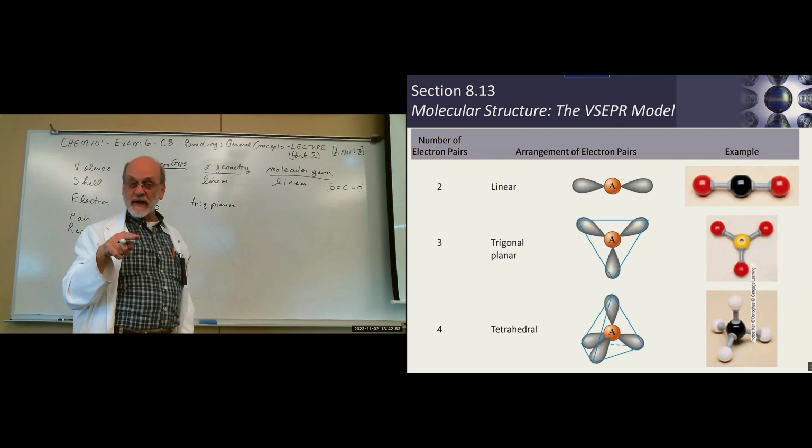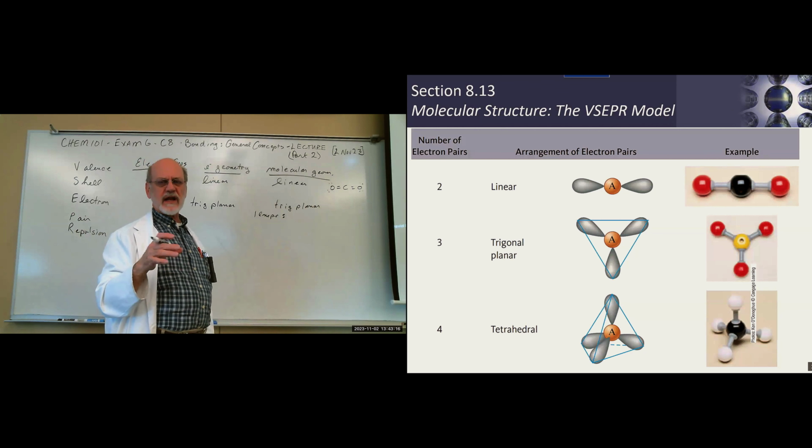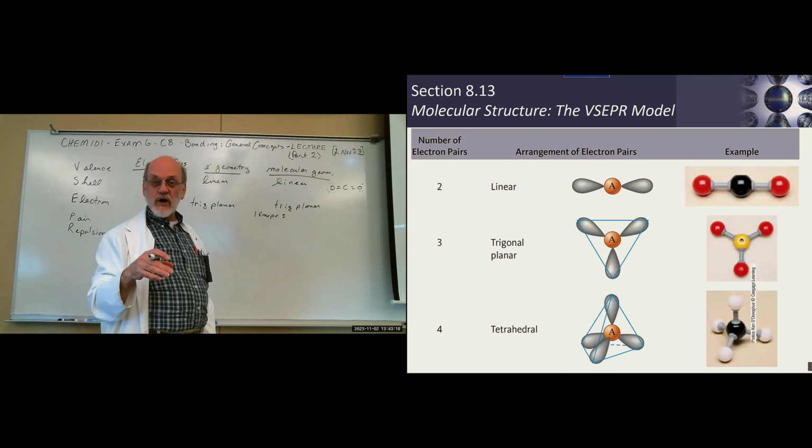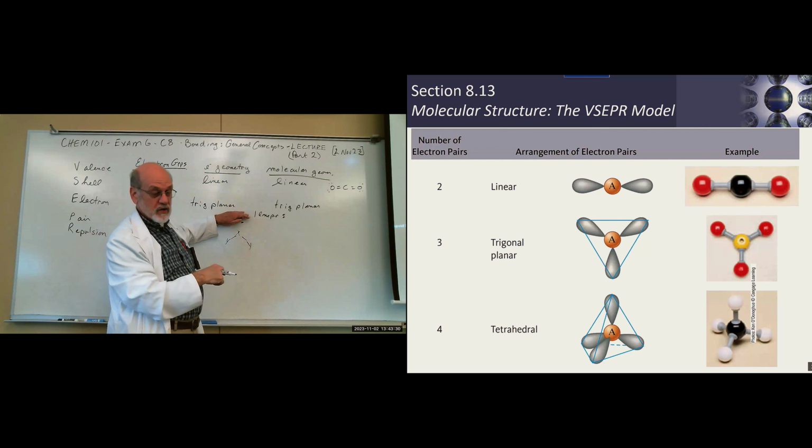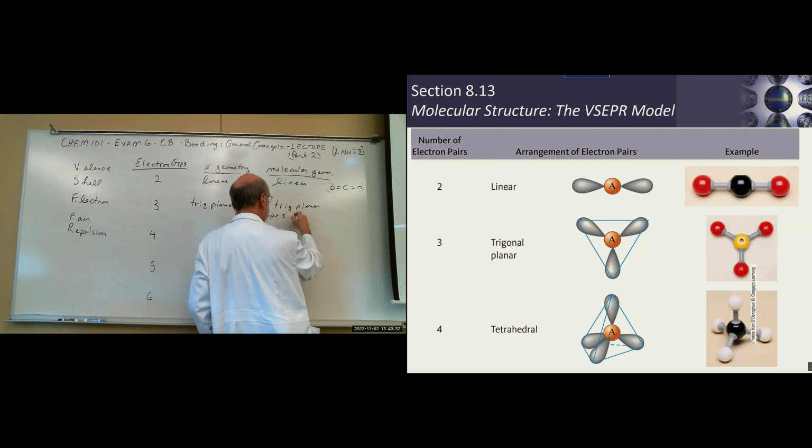But if we have one lone pair, then what do you have? You have a bent molecule, or some textbooks call it angular, right? If you cover up one of those groups, if say you have a central atom, and then you have a couple over here like that, and you cover that up, you have a bent molecule, right? So one lone pair means bent.